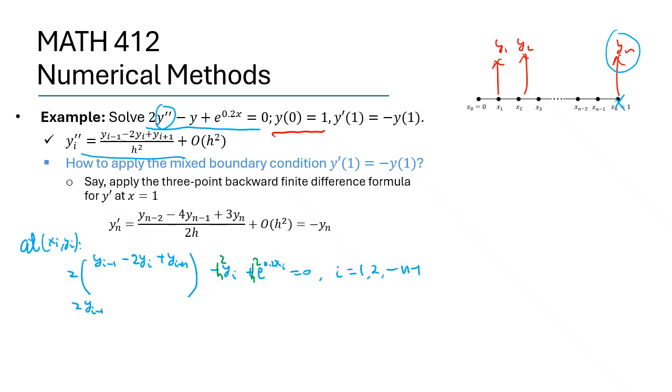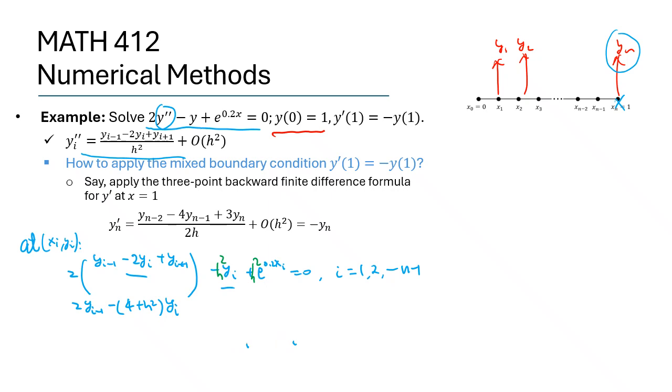For y sub i, we have negative 4 y sub i and minus h squared y sub i, so it's negative 4 plus h squared, y sub i.